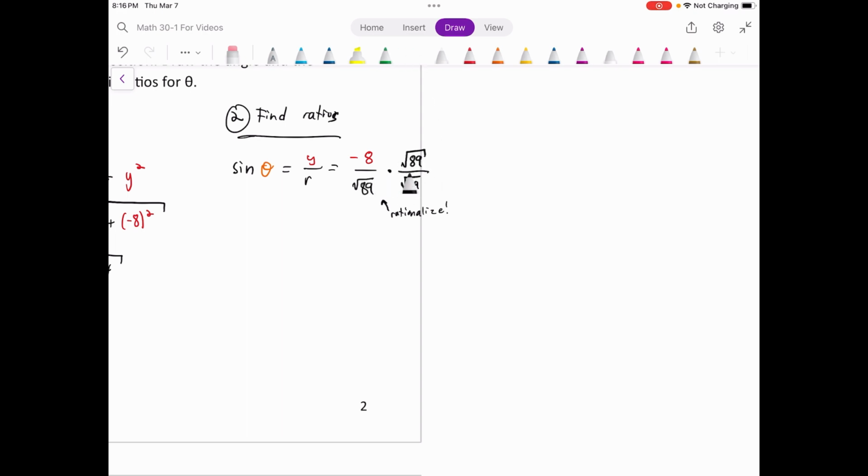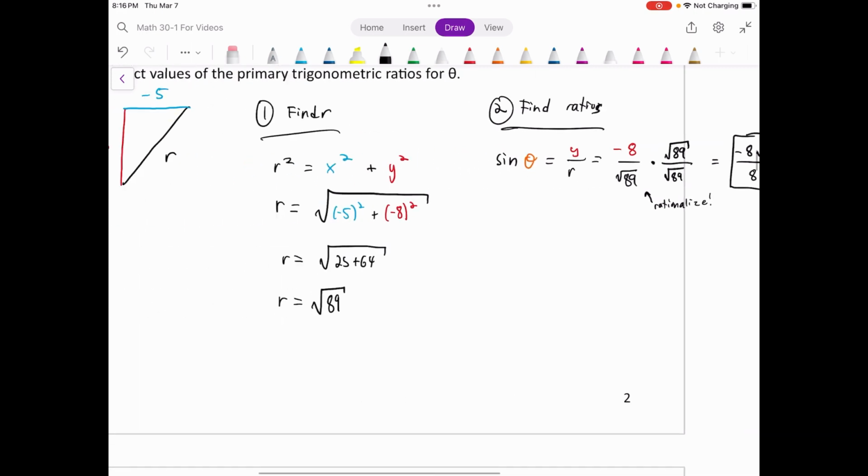I'm really just multiplying it by 1. So I'm not going to change what it means, but I will get rid of this radical, this irrational number in the denominator, right? The square root of 89 is a non-terminating decimal. It's irrational. So doing this will get rid of that. That's going to give me negative 8 root 89, and root 89 times root 89 is just 89. So there we go. Okay, that's the sine of this angle.